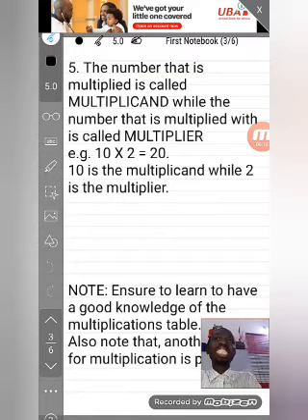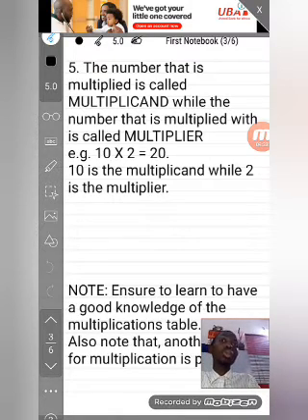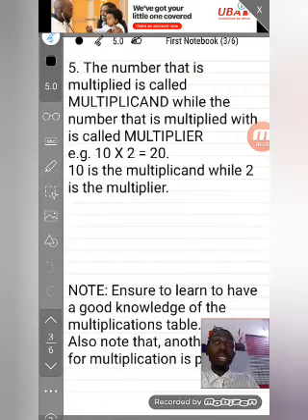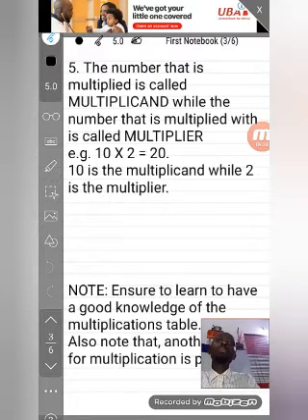For example, 10 times 2 is equal to 20. Now, 10, which comes before, is the multiplicand, while 2 is the multiplier.